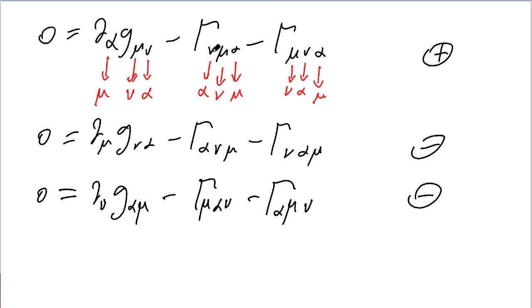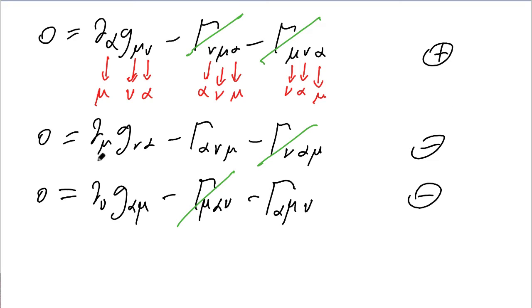For example, this Christoffel symbol with nu mu alpha is equal to nu alpha mu, because these differ just by swapping the second and third indices. So when I combine these equations with a plus sign for this equation and a minus sign for this one, this term will cancel this term. And similarly, this term will cancel this one, because again, they just differ by swapping the second and third indices. So those two cancel.